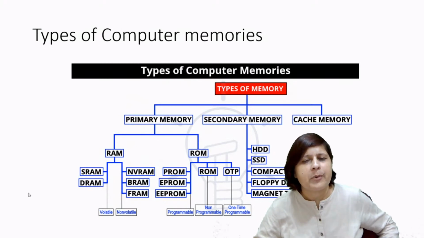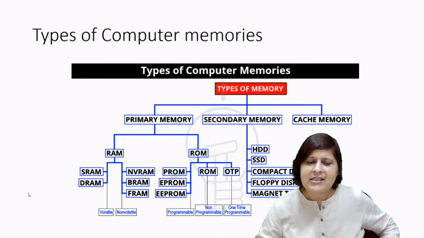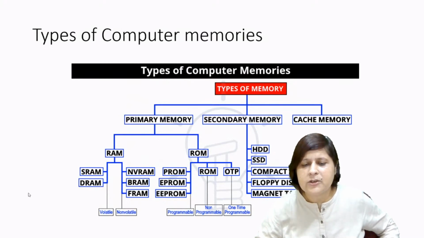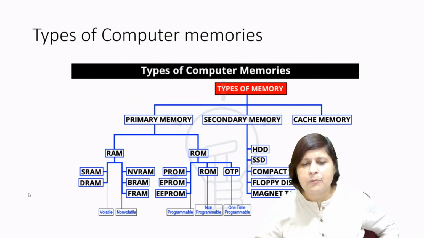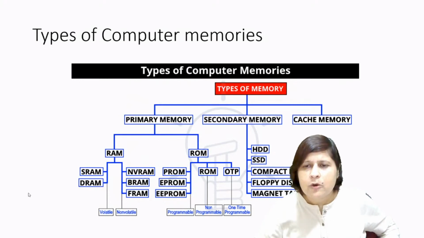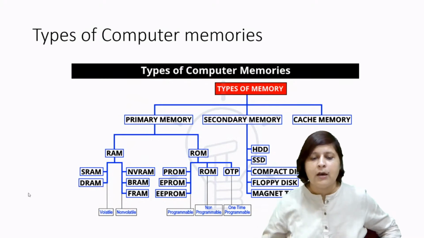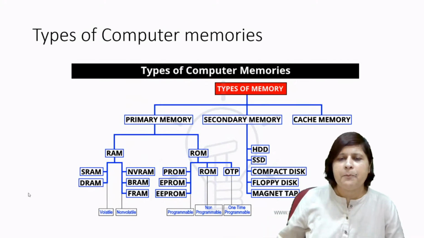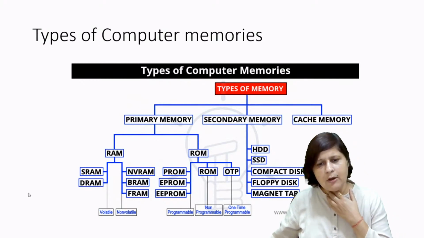Examples of primary memory are RAM and ROM. RAM is further divided into SRAM, DRAM, and also NVRAM, VRAM, FRAM. ROM includes ROM, PROM, EPROM, EEPROM, where PROM is programmable ROM, EPROM is erasable programmable ROM, and ROM is non-programmable.